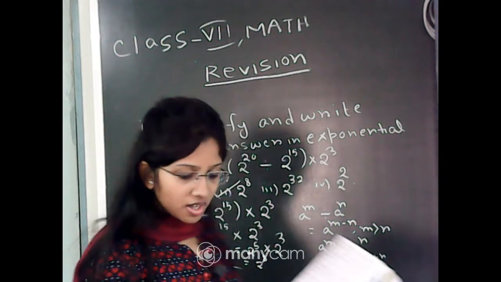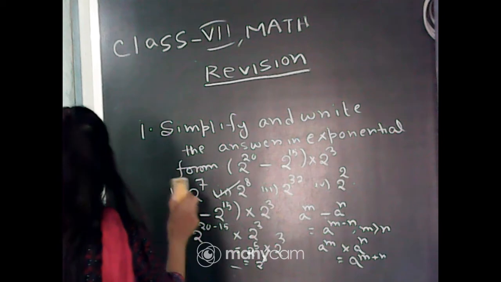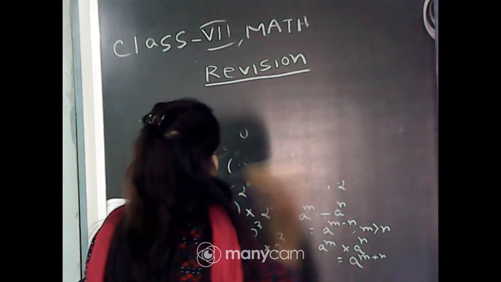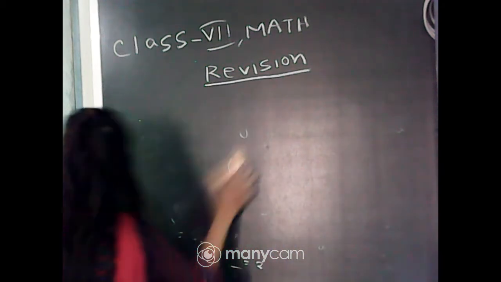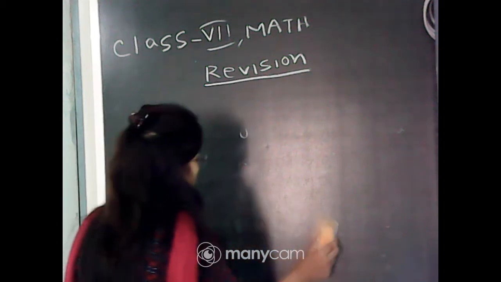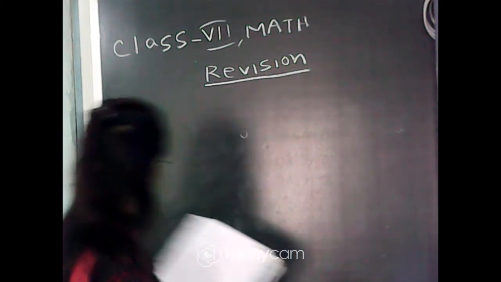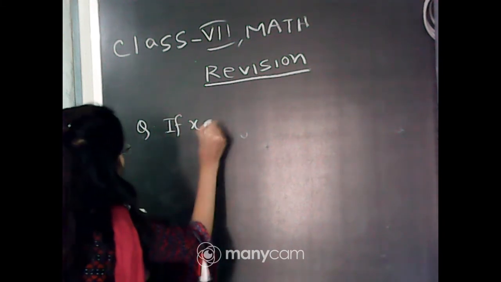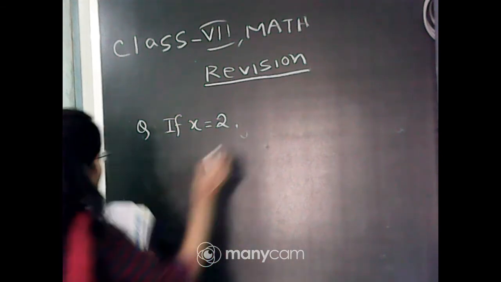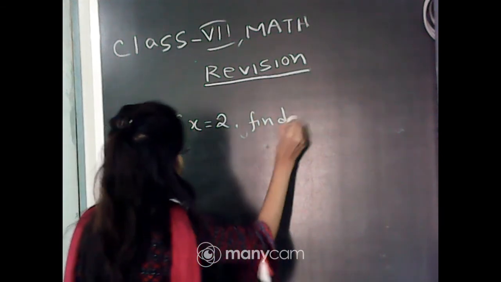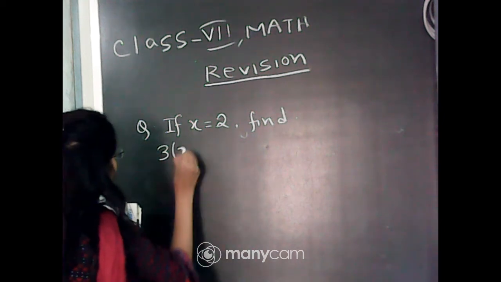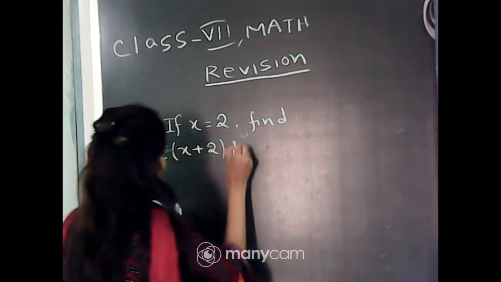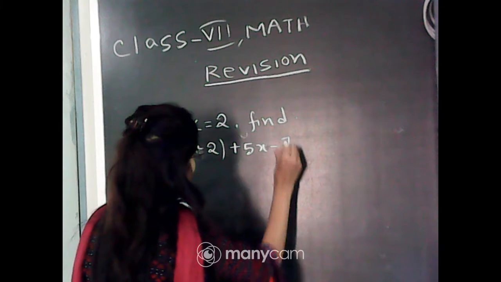Okay. So next question. If x is equal to 2, find the value of 3 into x plus 2 plus 5x minus 7.